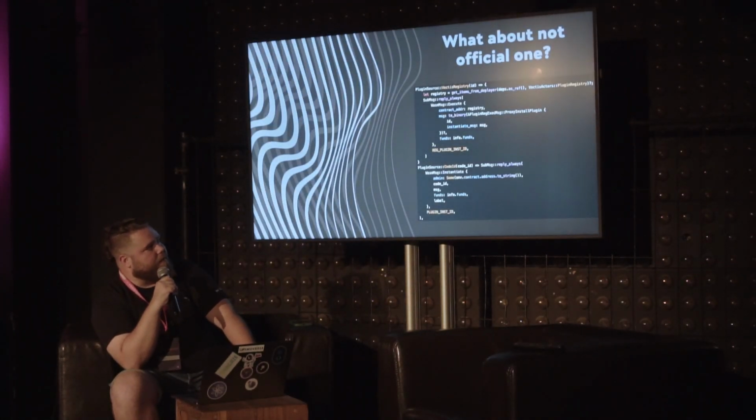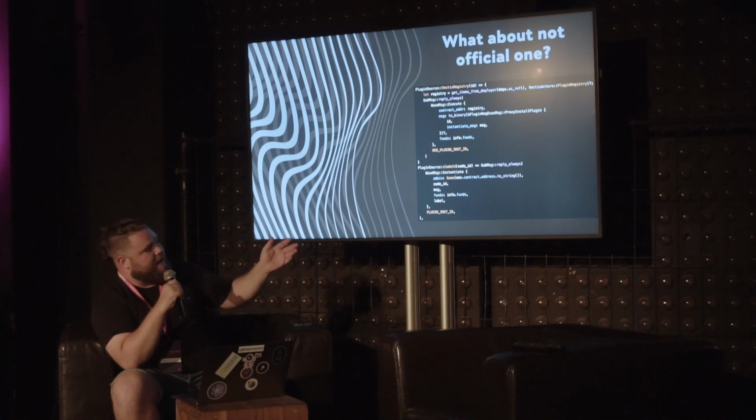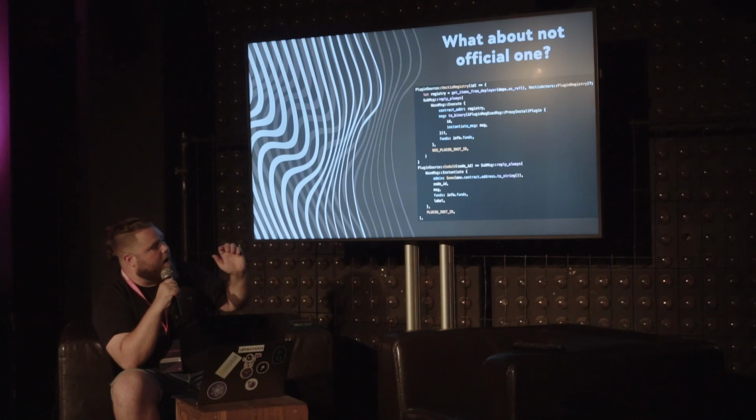I've been talking about the official one, but what about the non-official one? So we have a second way of installing plugins. It also helps for development. You don't need to add your plugin to the registry to test it. You could install any plugin by its code ID.